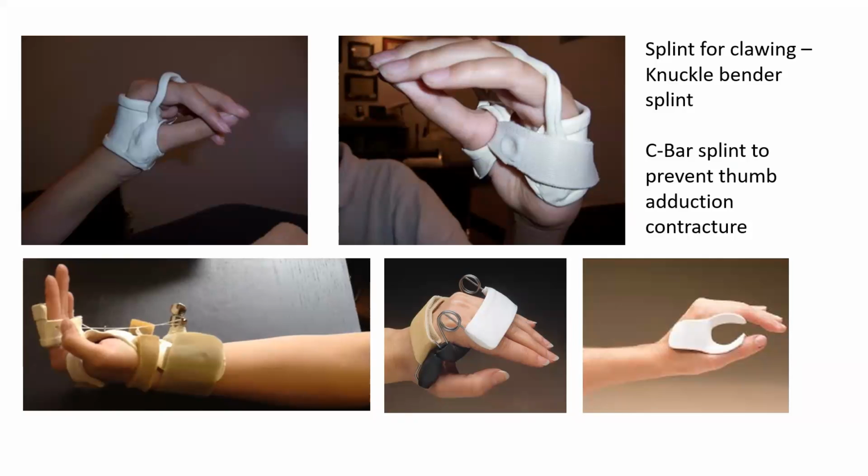Now, with regards to conservative management, these are the splints which we use for median nerve palsy. Can anybody tell me what we use for radial nerve palsy? What is the name of splint for radial nerve palsy? Cock-up splint. Yeah. Any variant of cock-up splint?